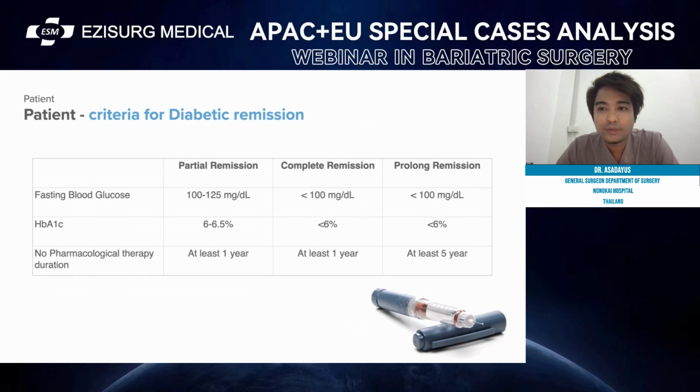For hemoglobin A1C, partial remission after surgery is a hemoglobin A1C of 6 to 6.5%, and complete remission is less than 6%. And prolonged remission is when the diabetic patient after surgery doesn't need anti-diabetic medication for 5 years.